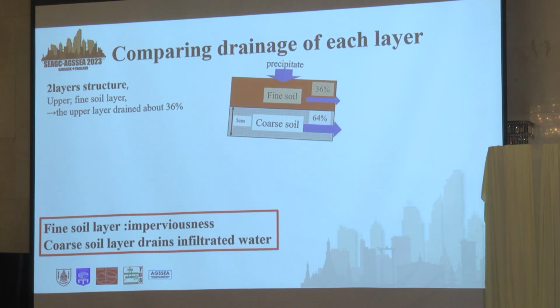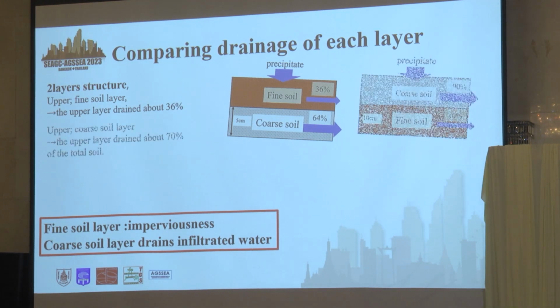Here is the percentage of drainage in each layer when the drainage volume of each soil layer was constant. In the 2-layer structure, when the top layer is the fine soil layer, the upper layer drained about 36% of total drainage. In the case where the upper layer is the coarse soil layer, on the other hand, the upper layer drained as much as 90% of total drainage.